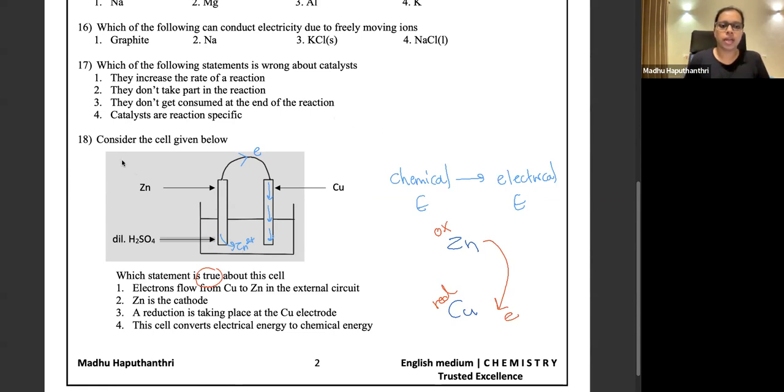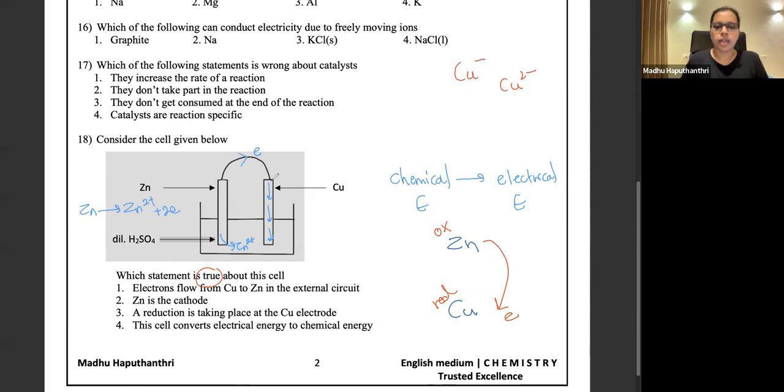So zinc is undergoing oxidation to Zn2+ plus 2 electrons. Then when it comes to the reduction, can't I say copper is undergoing reduction? Copper is taking electrons, then it will form Cu minus, or Cu2 minus. No. Have you ever seen Cu minus? Have you ever seen Cu2 minus? No. Those kinds of ions do not exist.